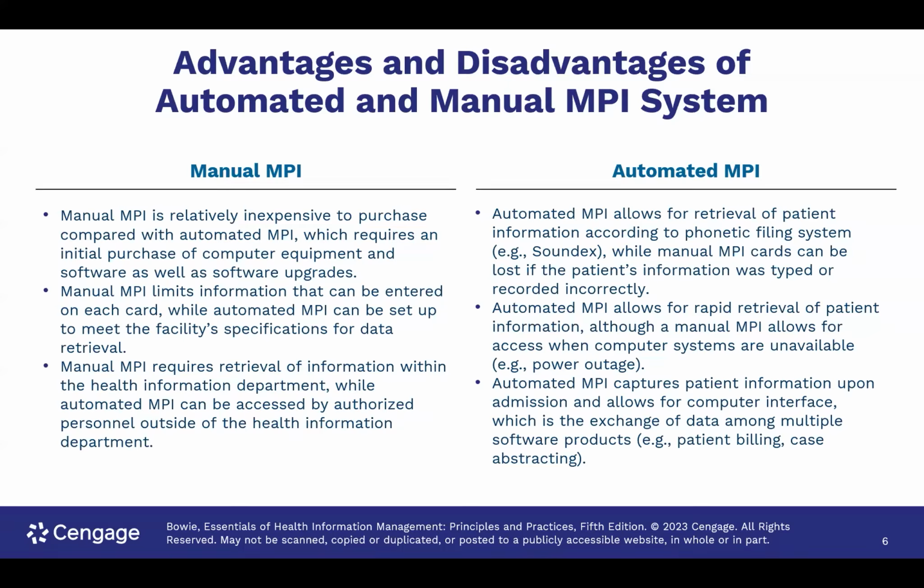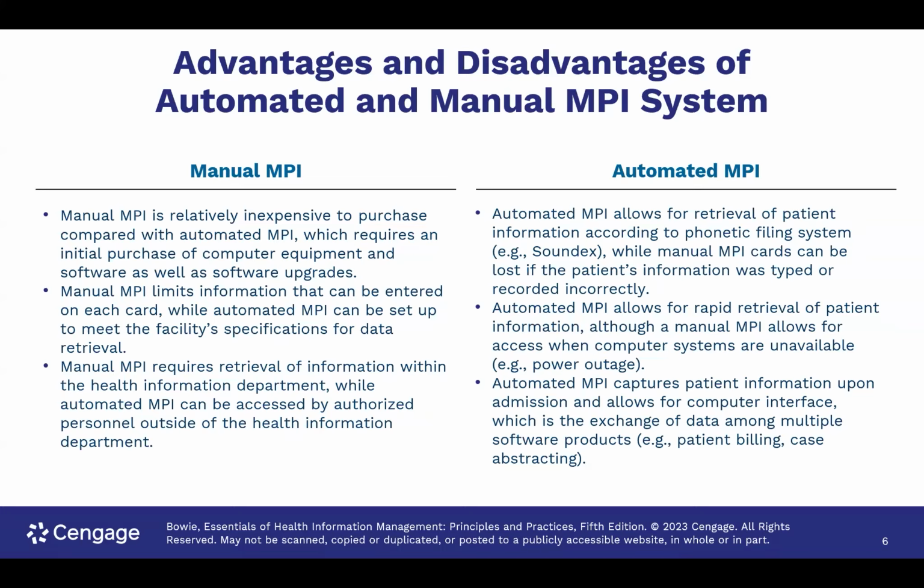Now we're going to move to the other side. The automated MPI allows for retrieval of patient information according to phonetic filing, such as Soundex, right? And in some ways, this has an advantage. If you mistype somebody's name, have a typo, on a manual MPI card, you're going to have a problem.